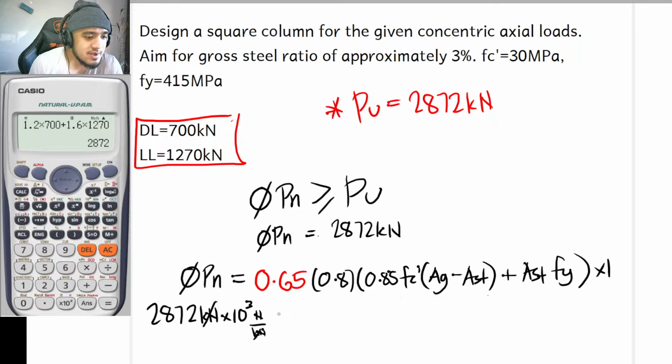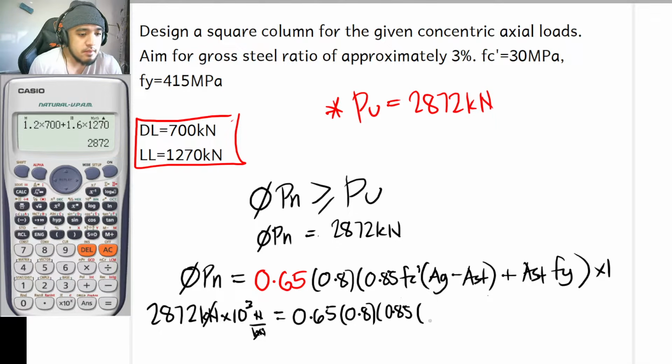Okay, so moving forward, this is now equal to 0.65 times 0.8 times 0.85 times F prime C, and our F prime C is equal to 30 megapascals. So 30 times (AG minus AST) plus AST times FY, and our FY is equal to 415 as given in the problem.